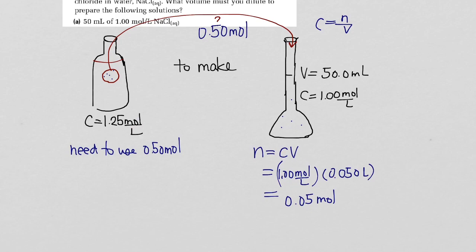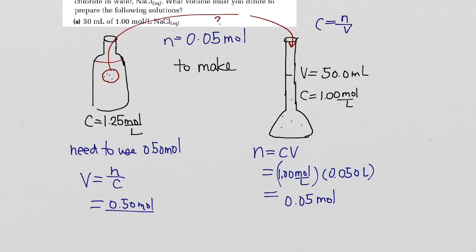Using the equation V equals n over C, we have 0.05 moles over 1.25 moles per liter, which equals 0.04 liters, which is equal to 40 mL.